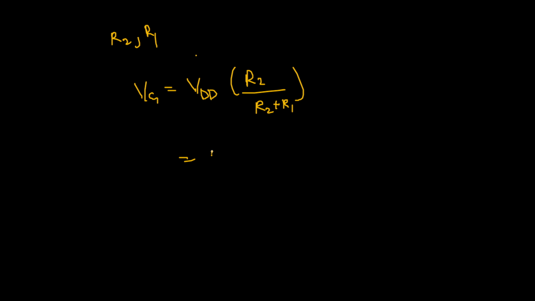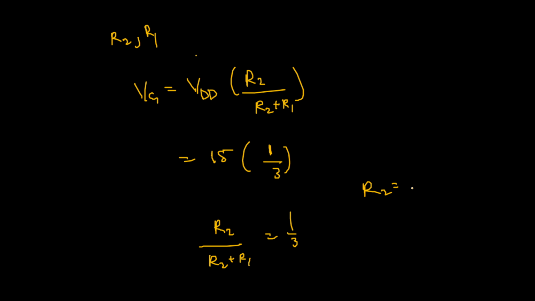So I know that VDD is equal to 15 and this is 1 by 3. So for R2 divided by R2 plus R1 to be 1 by 3, that means R1 has to be 2 into R2.